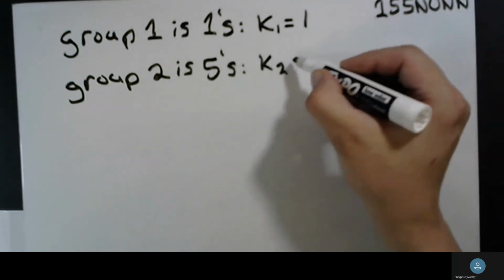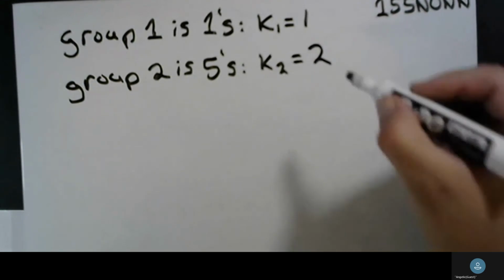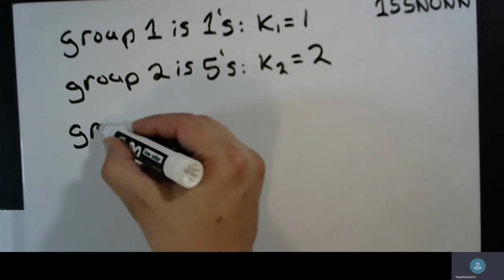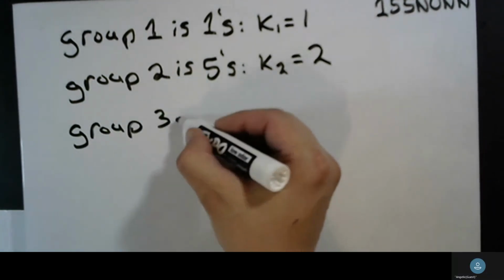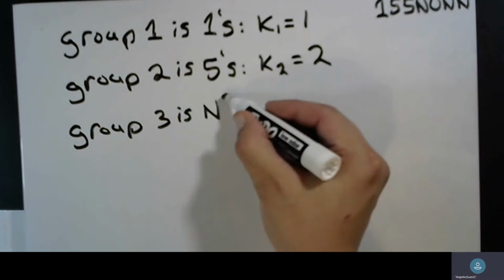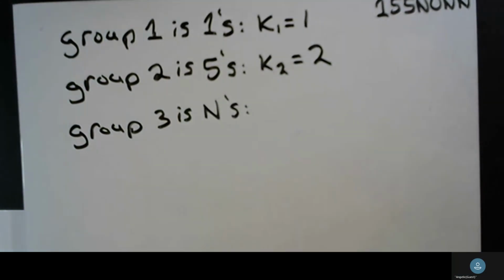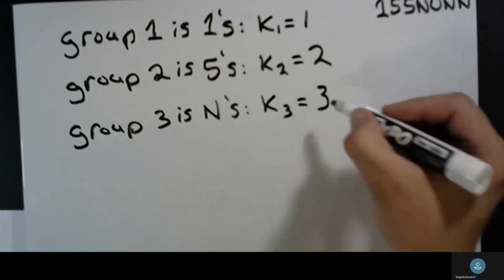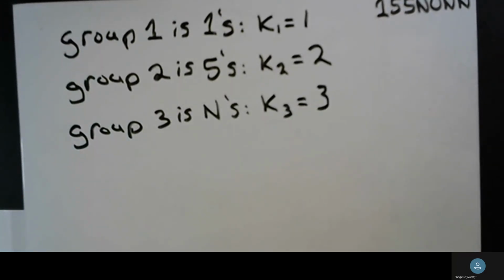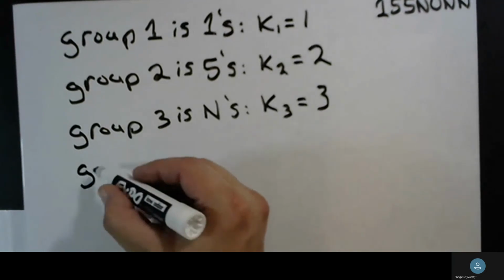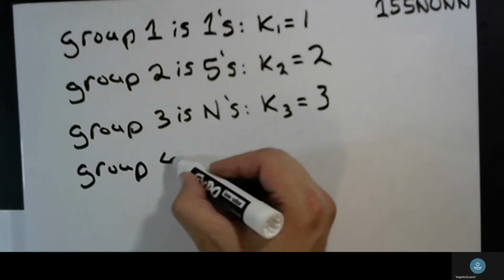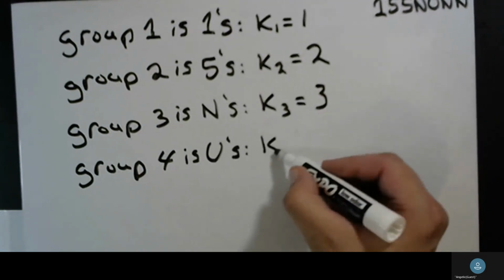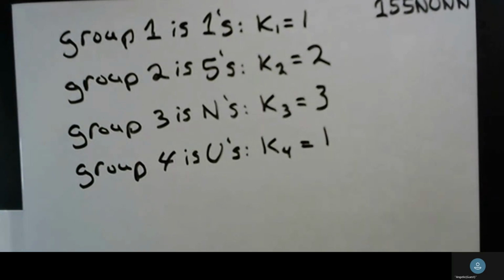And how many 5s are there in group 2? Well, there's 2. Group 3 is the N's. And the number of N's in group 3 is 3. And then finally, group 4 is the U's. And the number of elements in group 4 is 1.